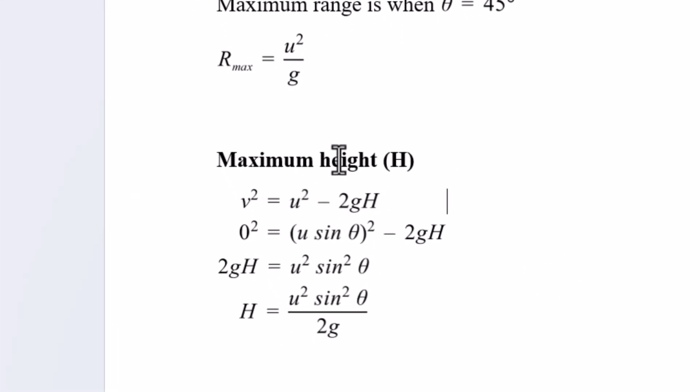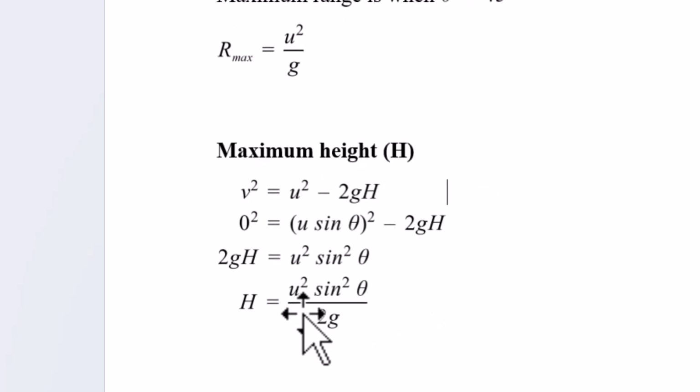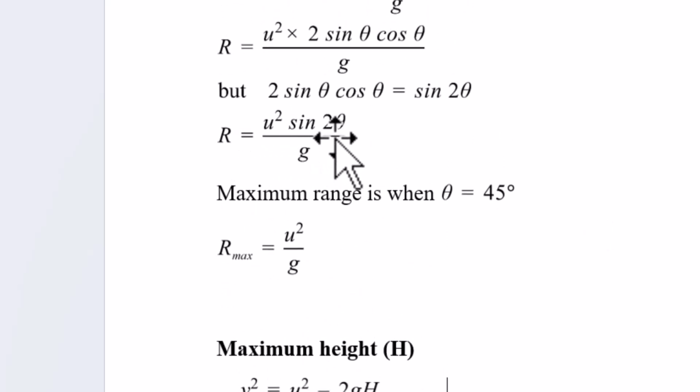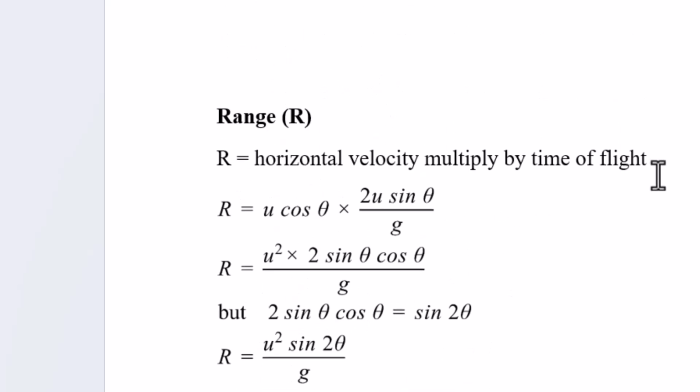So this is the maximum height in your projectile. Maximum height of a projectile is H equals u squared sine squared theta all over 2g. This is how you can derive the equations for projectile motion when you want to do your calculation. Maximum height is u squared sine squared theta over 2g. Range is u squared sine 2 theta over g. The maximum range is when theta is 45 degrees, that is u squared over g.